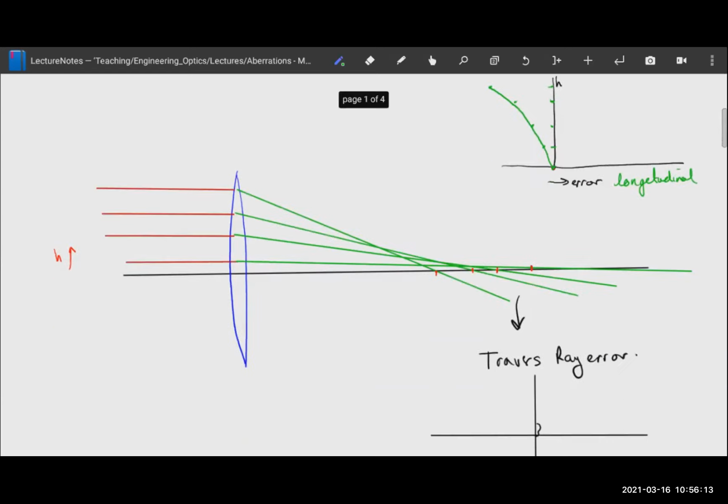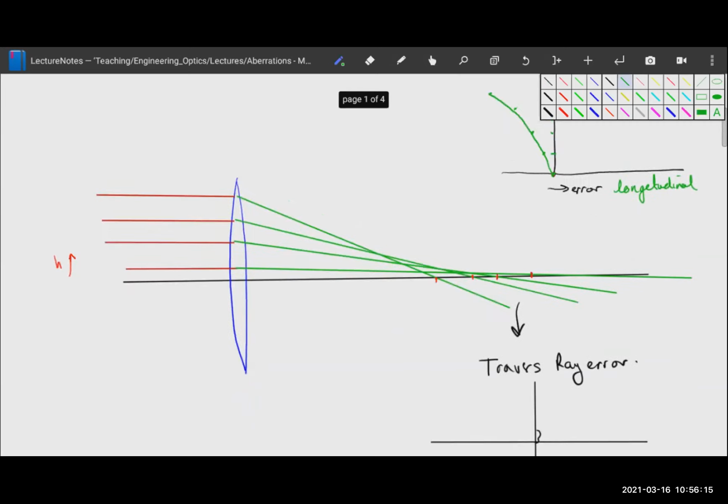We can also plot the transverse ray error, which is if we take a plane through where we ideally think the focal plane should be, which is where the paraxial rays, the rays closest to the optical axis, intersect the optical axis. And we can say, okay, well, those intersect the optical axis at 0, the paraxial rays, all the other rays intersect them at other places. So that distance grows for all of these rays here.